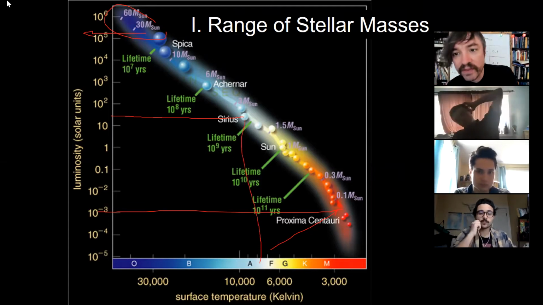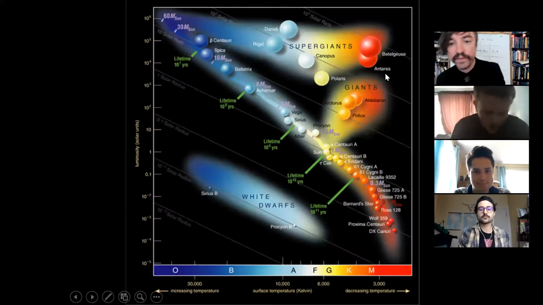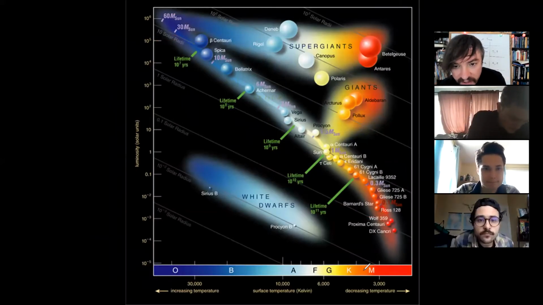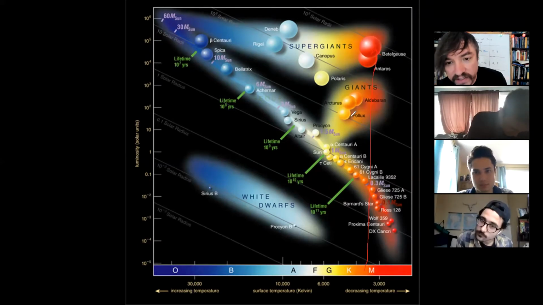If you start throwing in the red giants and the blue supergiants and the white dwarfs, all of this gets a little more complicated. For instance, Betelgeuse is actually a spectral type M star, but it's so massive and so giant in radius that we do not believe that it is a low mass star. This is at a totally different stage in its life.